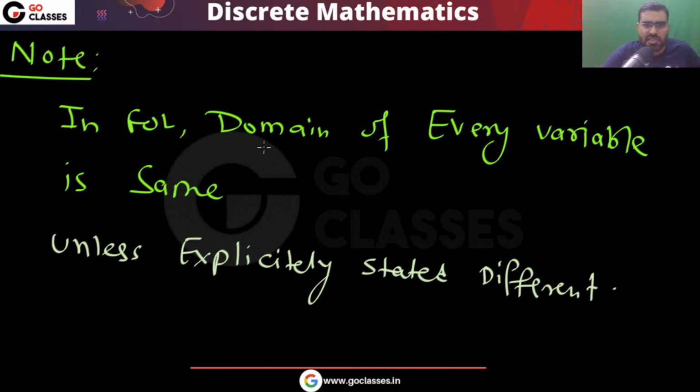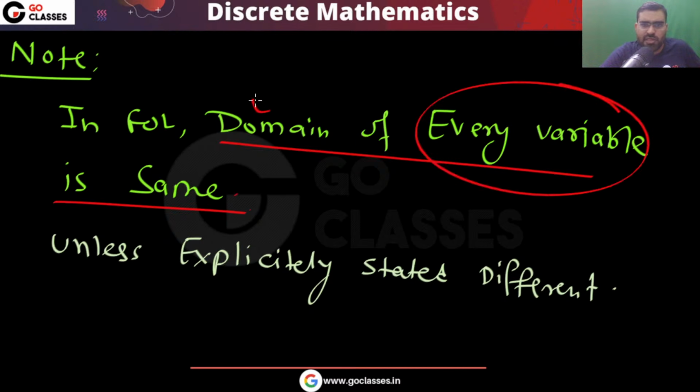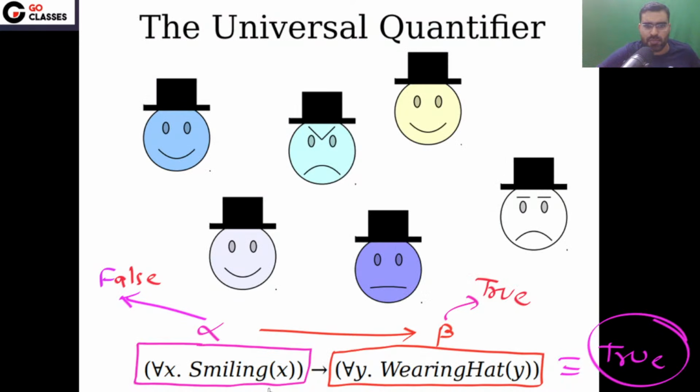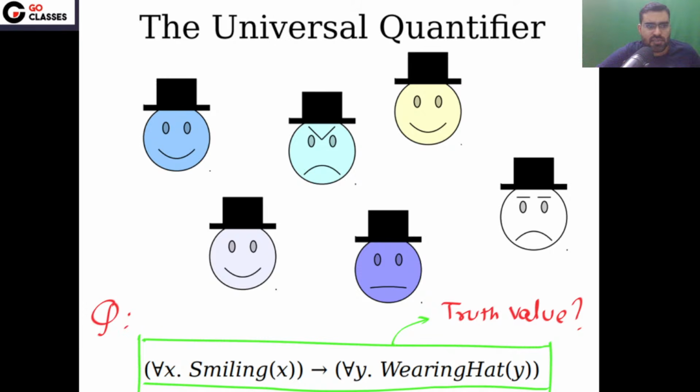If no information is given, then you have to consider the domain of every variable to be the same, unless they explicitly tell you that it is different. So very simple. Please understand, this is a very simple question.